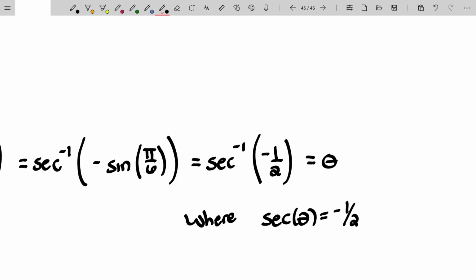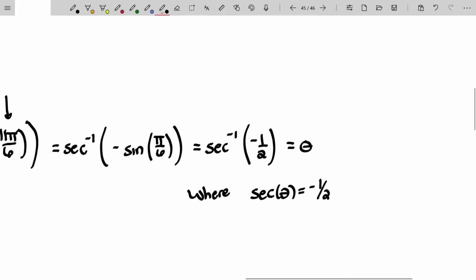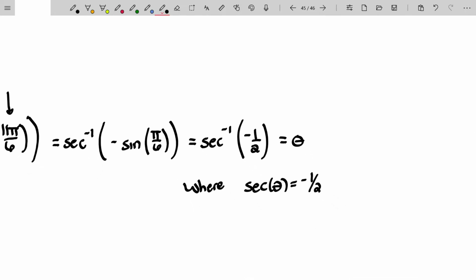I will tell you right now that is not possible because the secant will never be a number between negative 1 and 1. Secant of theta is either always greater than or equal to 1, or secant of theta is always less than or equal to negative 1.